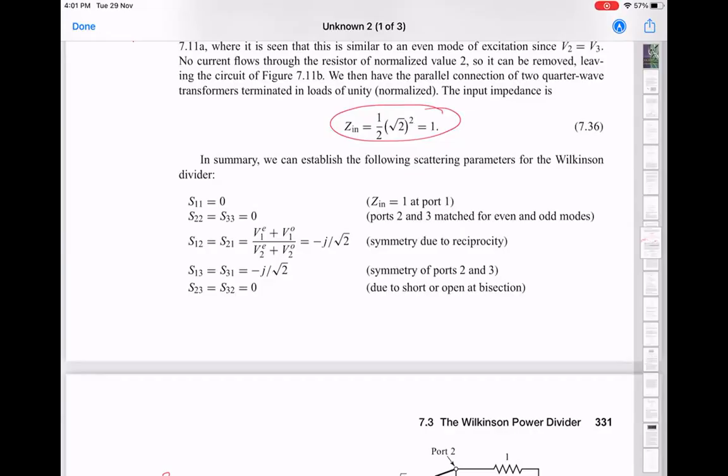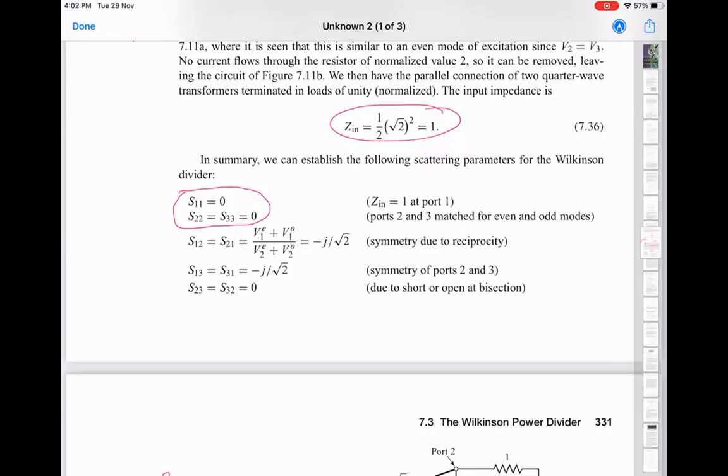Right. So now summarizing all of this in terms of S parameters, we have established that all 3 ports are matched when the other 2 ports are also terminated with matched load, which we verified.